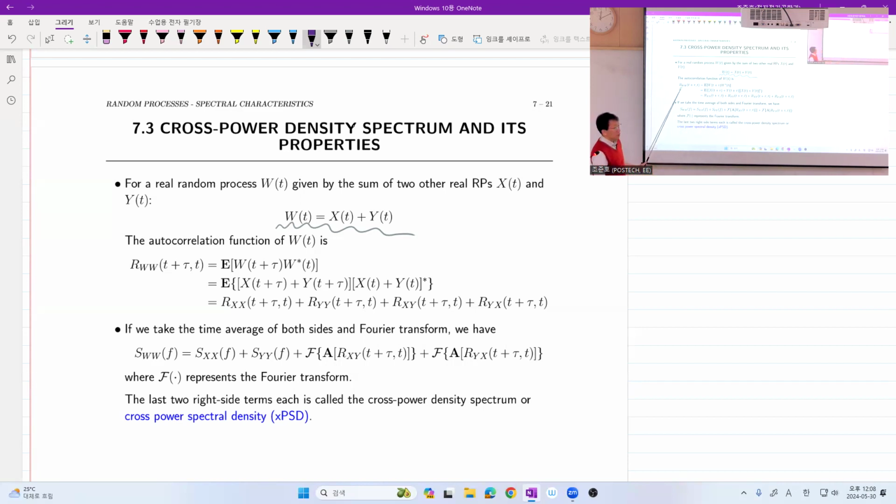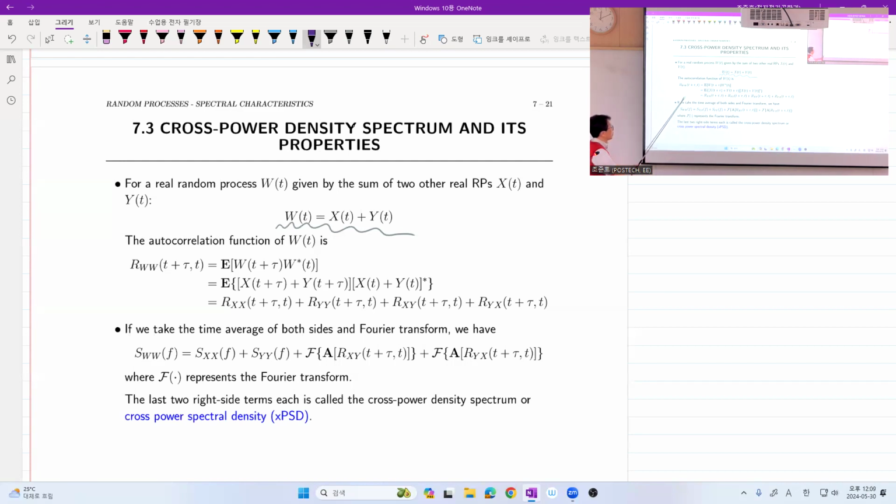So let's compute the autocorrelation, which is a generalized version of power, because the instantaneous power can be found by setting tau equals 0. You have 4 terms, right? And the power of X and the power of Y only explain 2 of the terms. What about the other terms? They are called cross correlation functions and are related to the cross power.